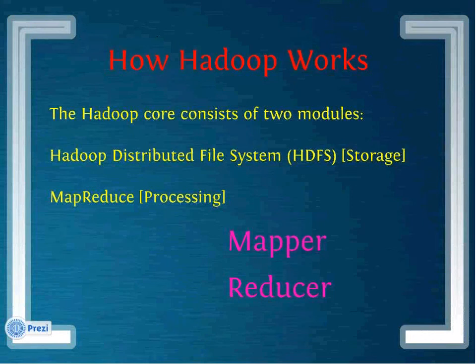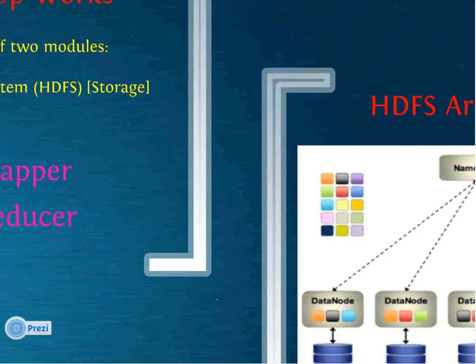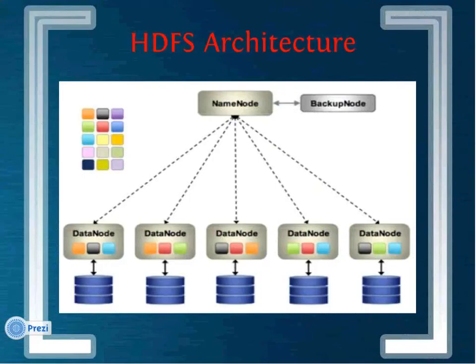That again consists of two words, map and reduce, or you can say mapper and reducer. So this is a very brief overview of the two parts of Hadoop. We'll be exploring these in more detail, starting with the first one, the Hadoop Distributed File System, that is HDFS architecture.